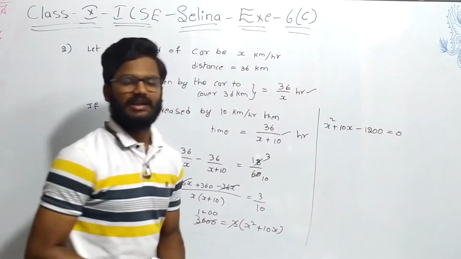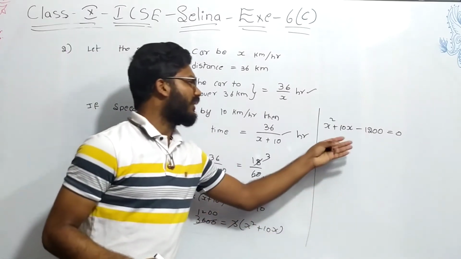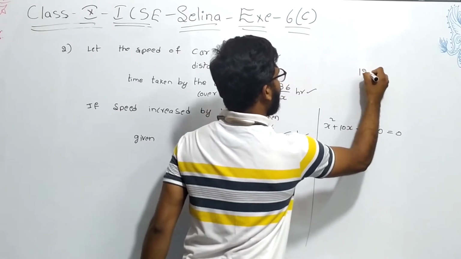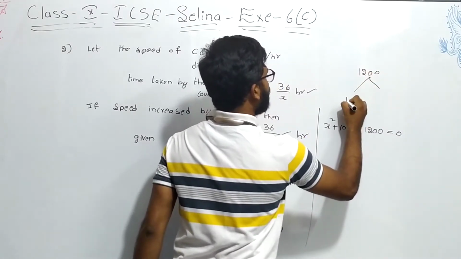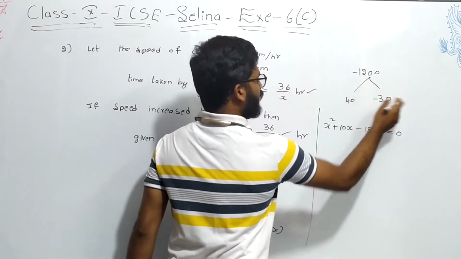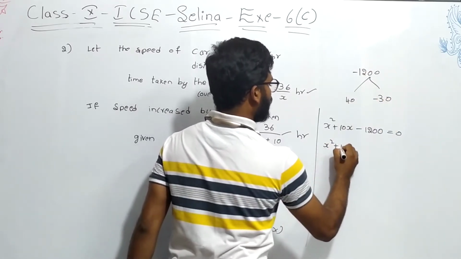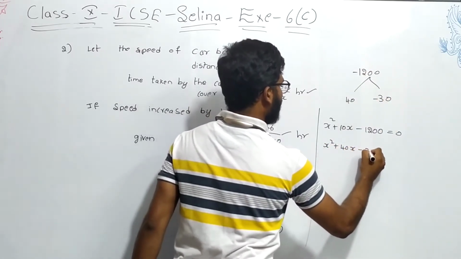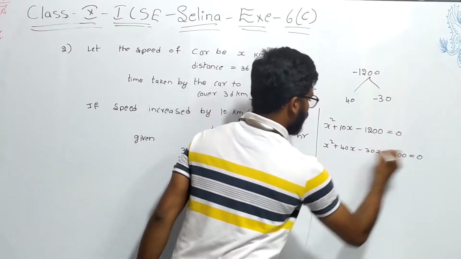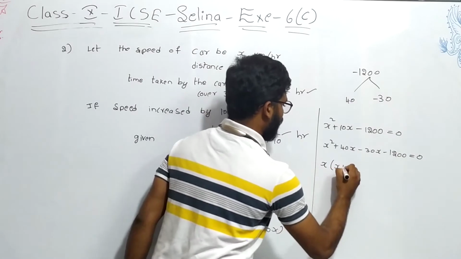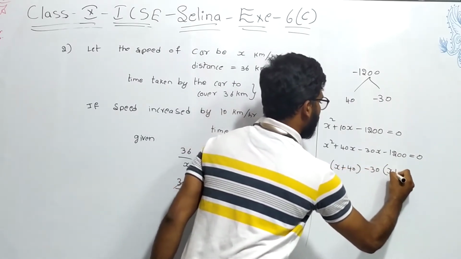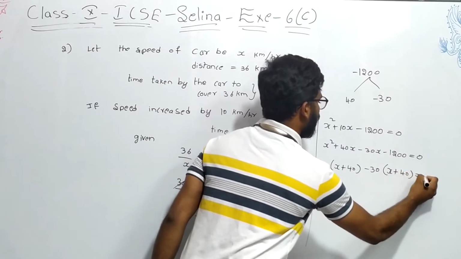So we have to find the factors for 1200 such that their difference is 10 and the product is 1200, right? So 1200 we will get as 40 into 30. So x square plus 40x minus 30x minus 1200 is equal to 0. So x into x plus 40 minus 30 into x plus 40 is equal to 0.